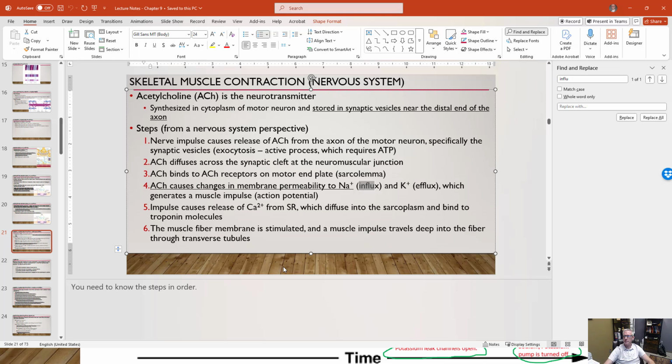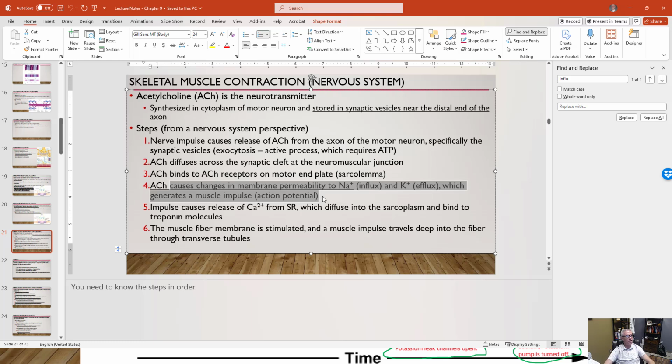I don't know if you can see this, but there is a statement from last chapter, on slide 21 of chapter 9, that said acetylcholine causes changes in the membrane permeability to sodium influx and potassium efflux, which generates a muscle impulse or action potential. I said we would save that statement for next chapter.